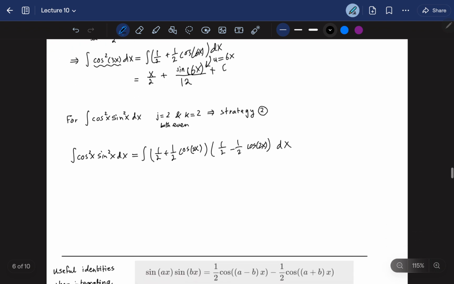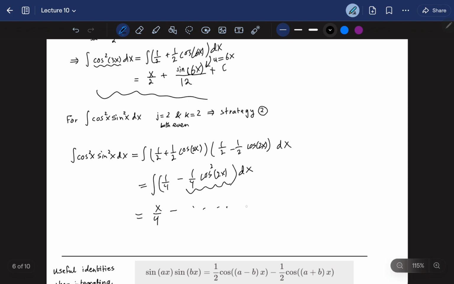And now this is a difference between two squares, so this is just the integral of 1/4 minus 1/4 cosine squared 2x dx. So this part is done. Now for this part, technically I need to apply the same strategy number 2, because I have cosine squared. But you can do the same thing as we did here and get the answer that you want.